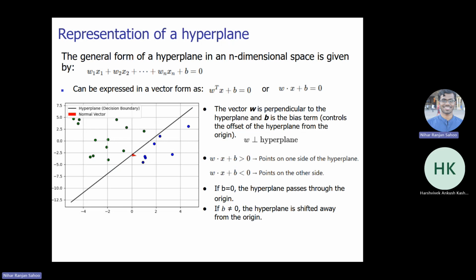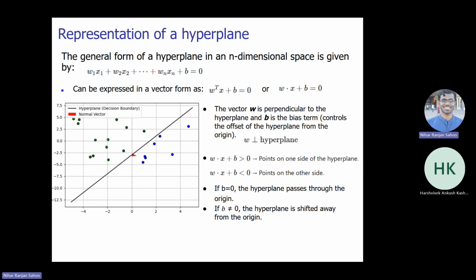The bias term here is 0, meaning it is passing through the origin. If I say there is a line x plus y equals 1, the bias term is 1. The bias term will shift this line above, so that it passes through +1 on the y-axis and +1 on the x-axis. This is the importance of b. b just shifts this line towards this way or this way, but the orientation, the angle of the line, will be decided by W.